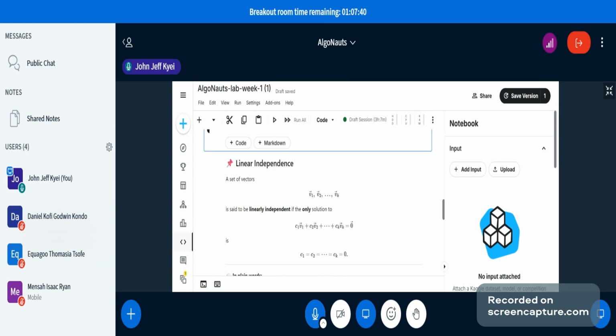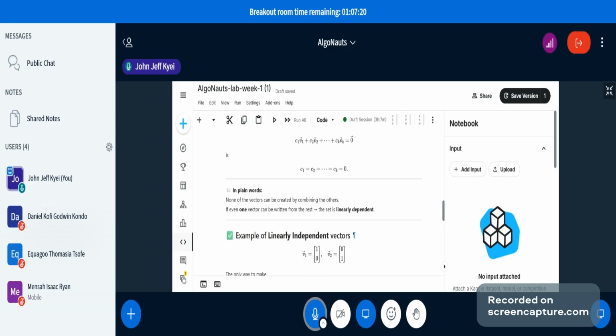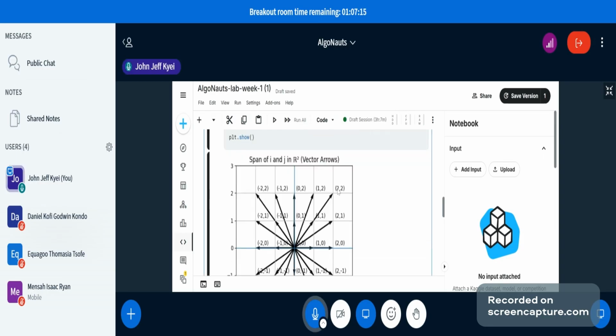So mathematically, the way to check if you have two vectors that are linearly independent is to do a scalar combination and equate it to zero. If you get a zero vector, it means they are independent, right? Another way is to check whether the values on the same line are just multiples of each other.